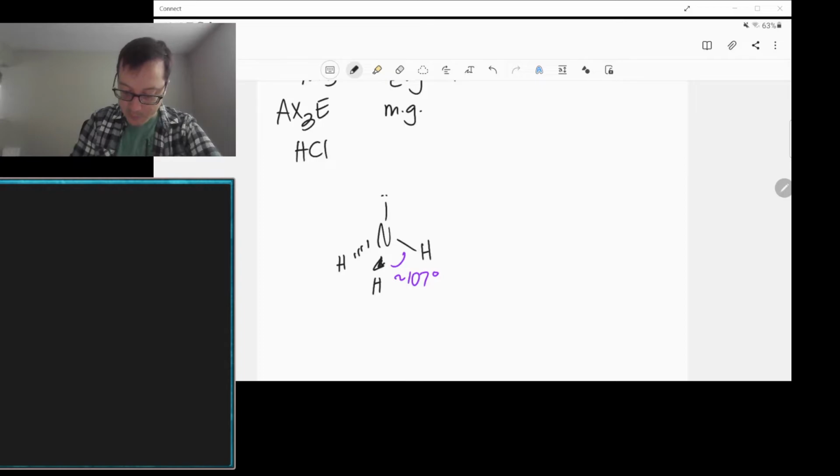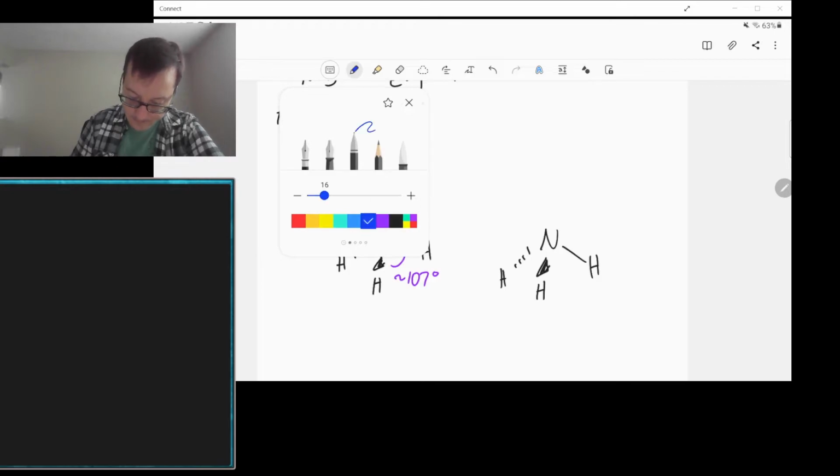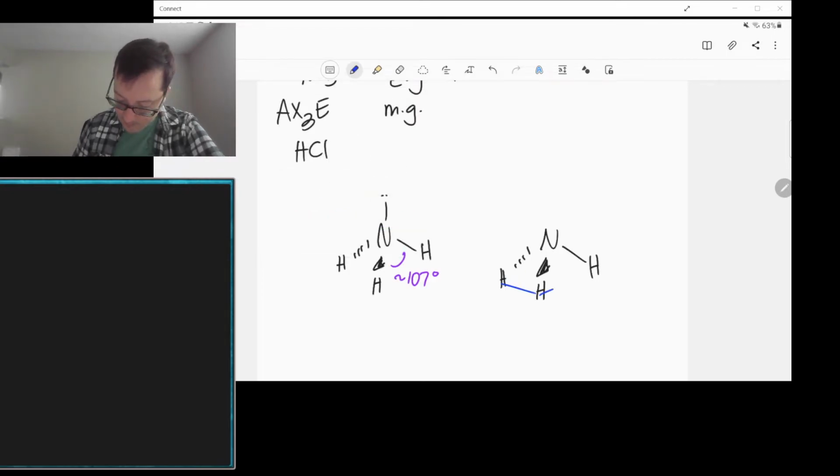And if we pretend that the lone pair isn't there, we get this shape, which is a pyramid, a single pyramid. Let's pretend I never drew anything. We'll look at it on Google.